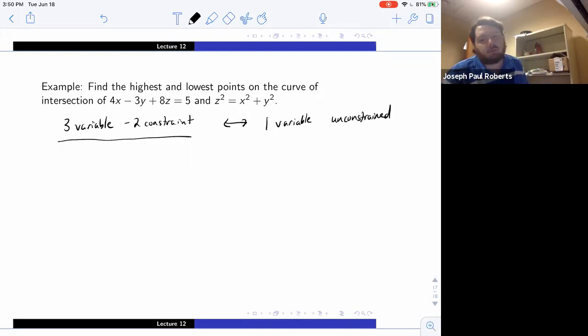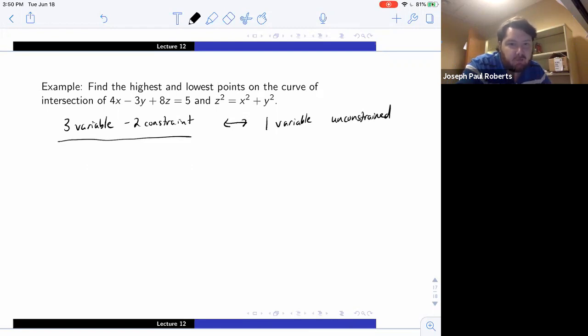In the examples I showed you earlier today, when you have 1 constraint, you could shave that off to reduce the number of variables by 1. It turns out that if you have multiple constraints and they're somehow compatible with each other, you can knock off 1 variable per constraint.